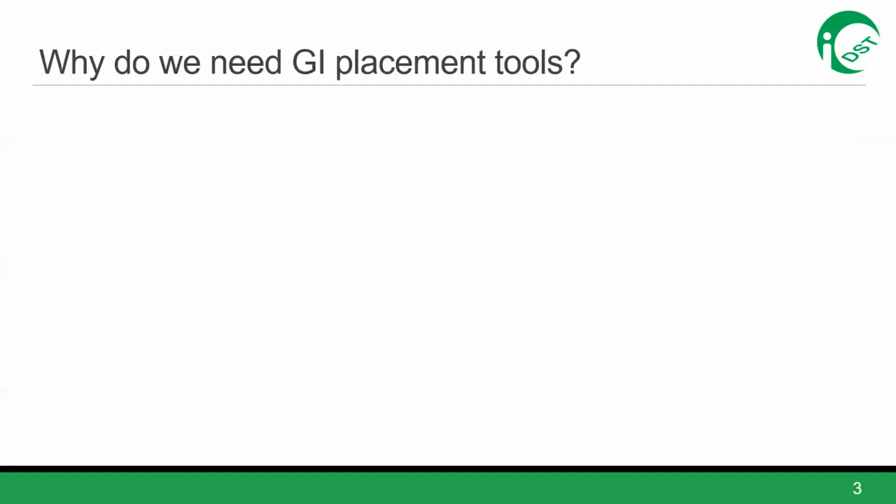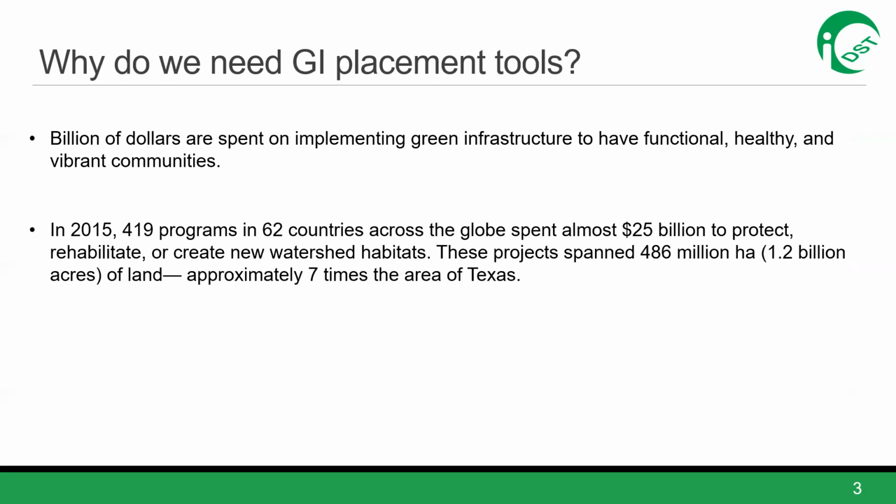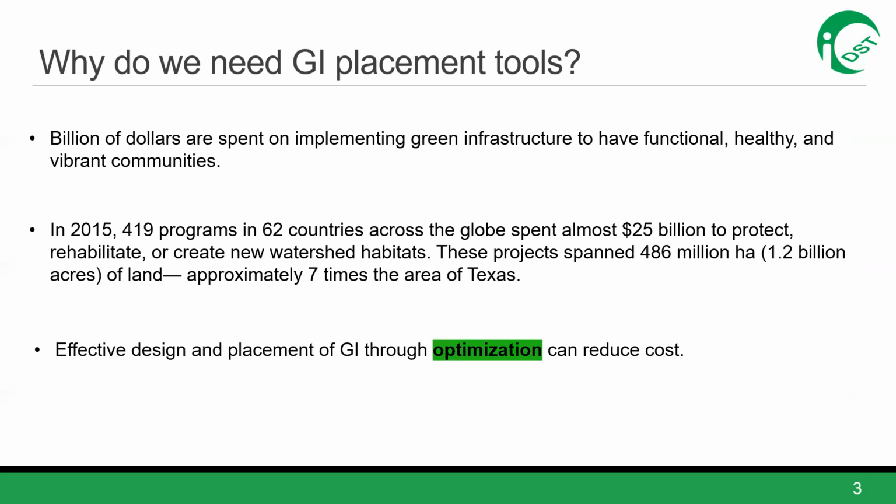So why do we need green infrastructure placement tools? Billions of dollars are spent on implementing green infrastructure to have functional, healthy, and vibrant communities. This huge amount of money is being spent in most countries. How can we reduce these huge costs?